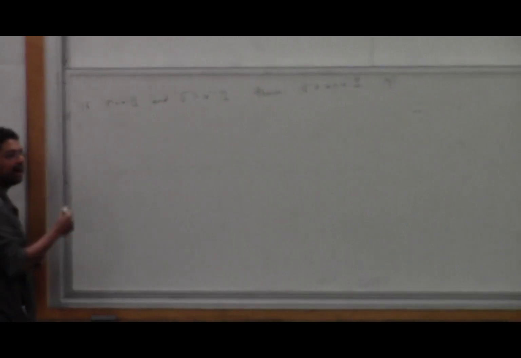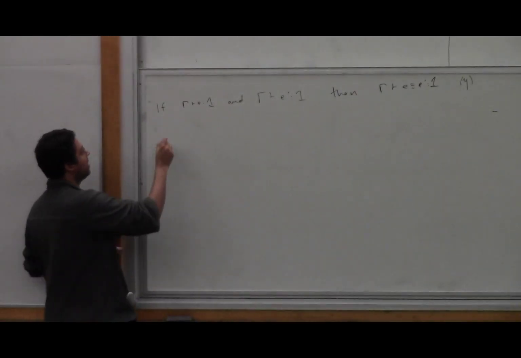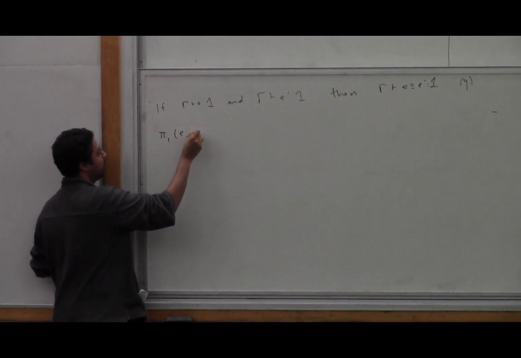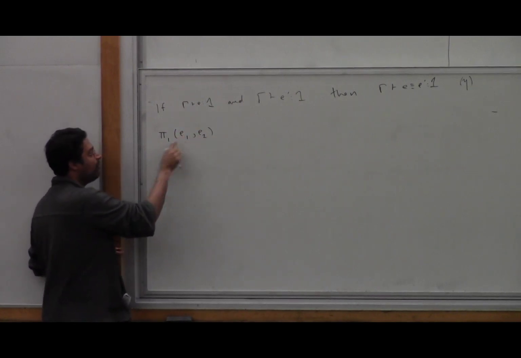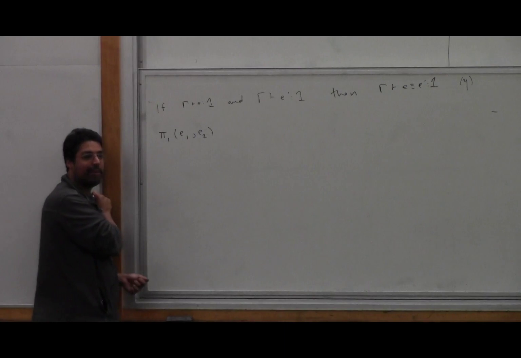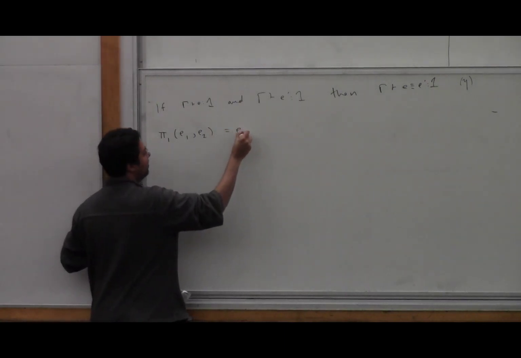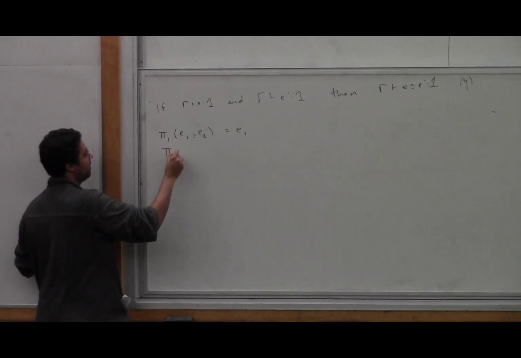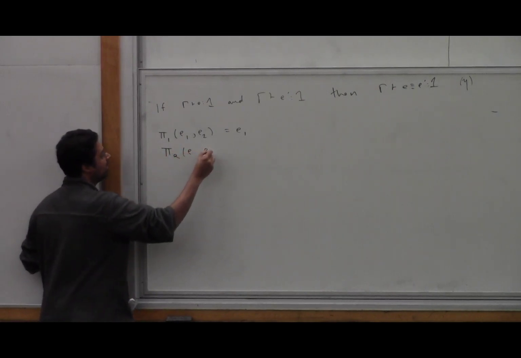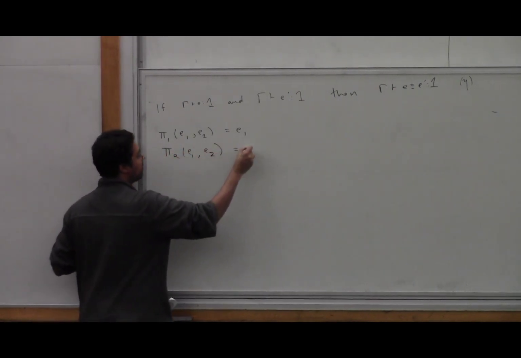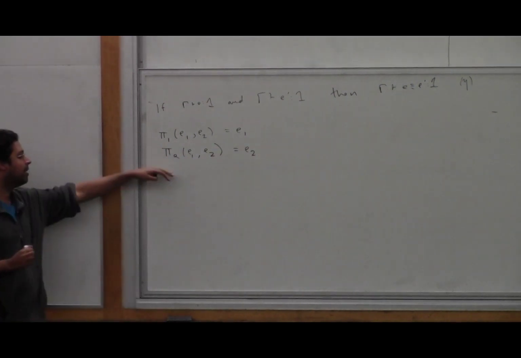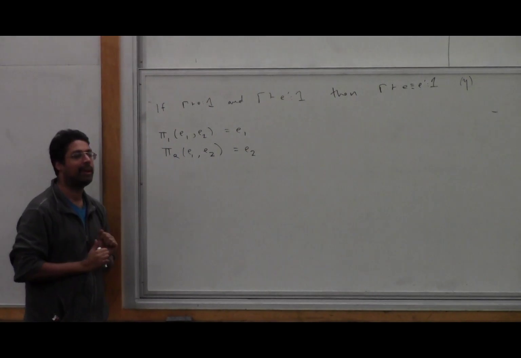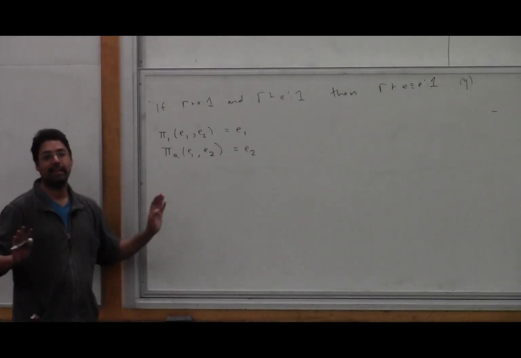At the product type, we'll have two equations which say that if we have a pair and we project from it, this is just the same as the first component. Likewise, if we project the second component, that's just equal to the second component. So if we take the second projection of a pair E1, E2, that's exactly the same as E2.